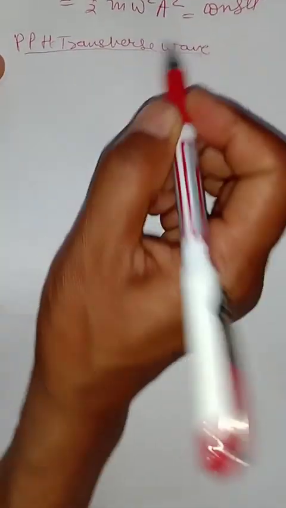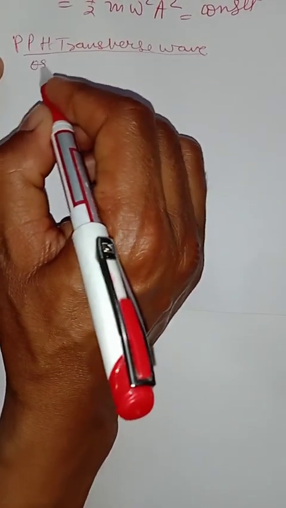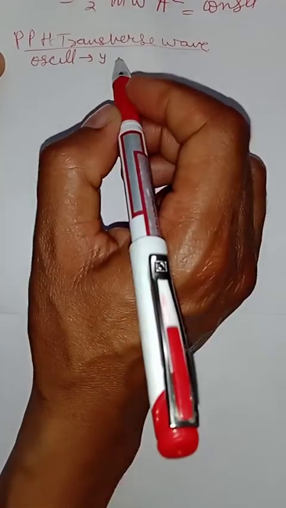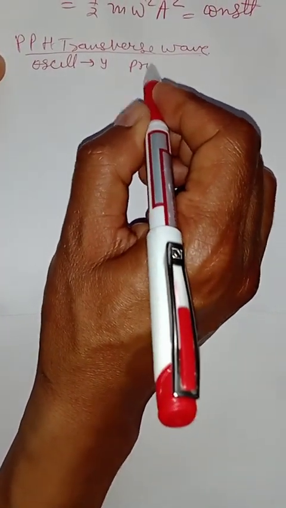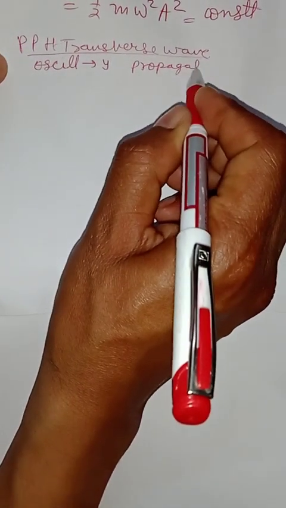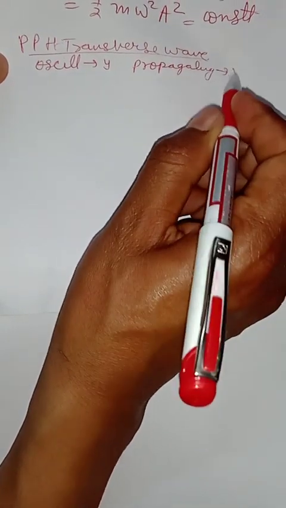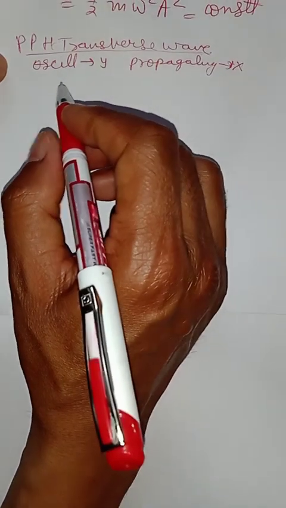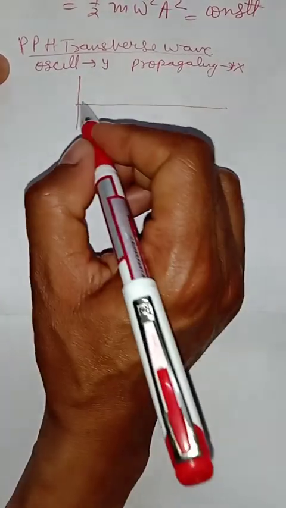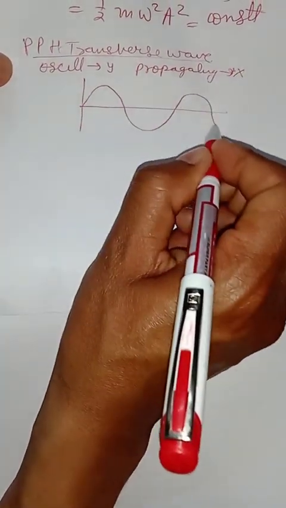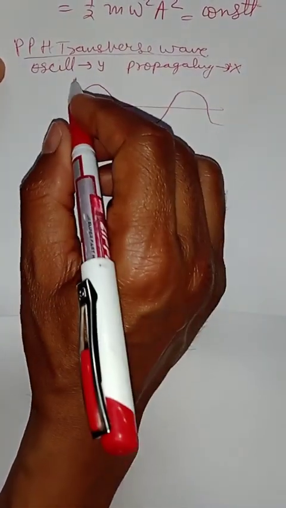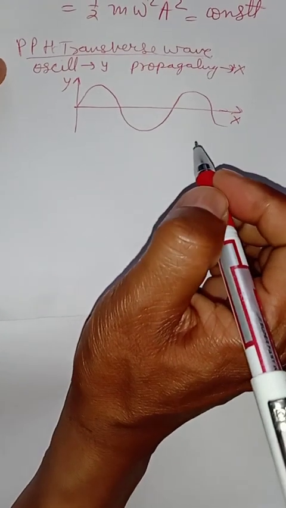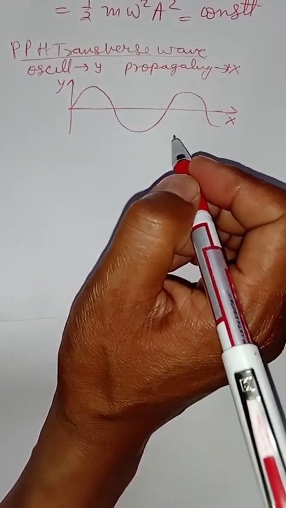It is a wave oscillating along the y-axis and propagating along the x-axis, positive x-axis of course. So its equation will look like this. This is y, this is the x-axis, and at different phases we can see this.